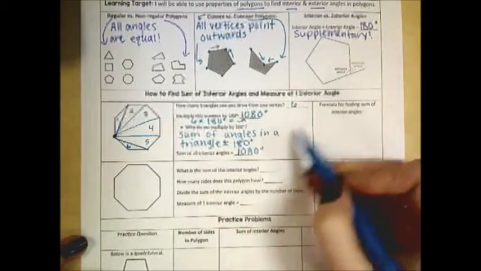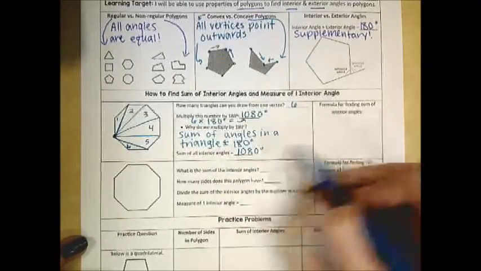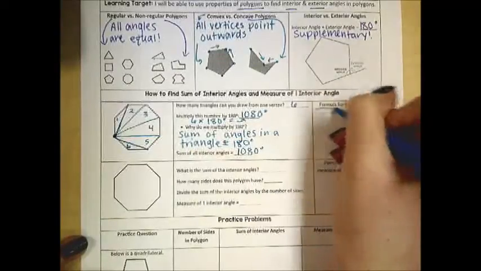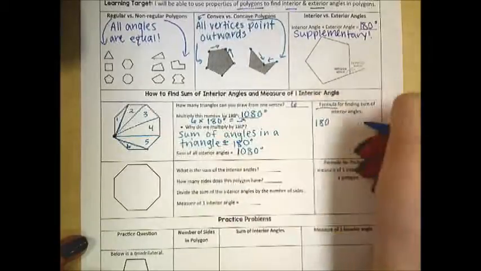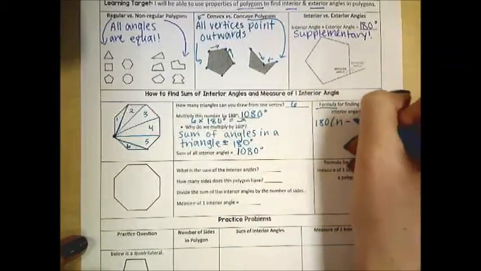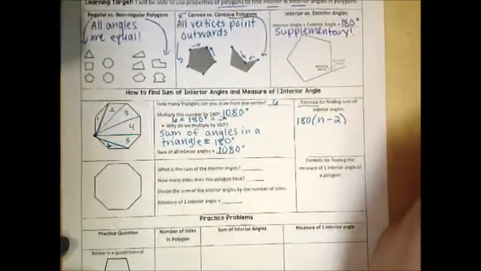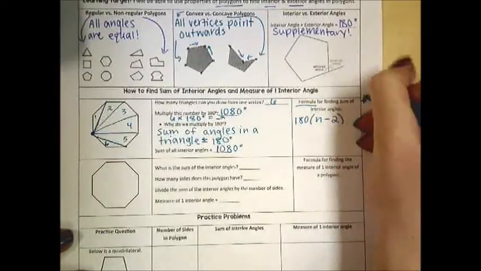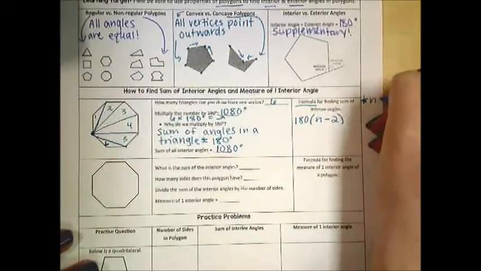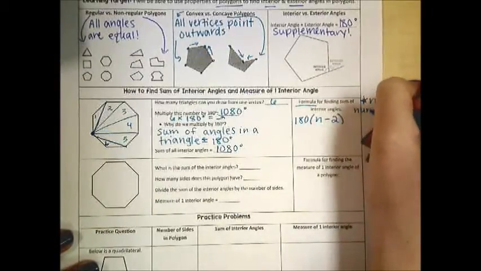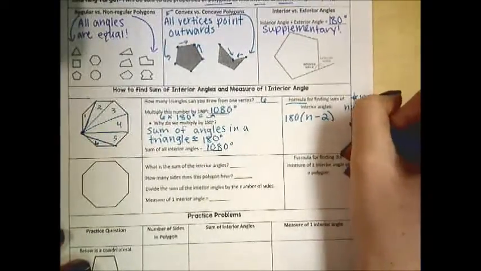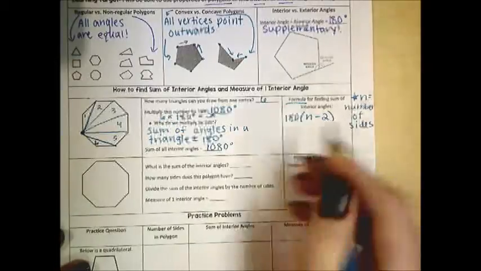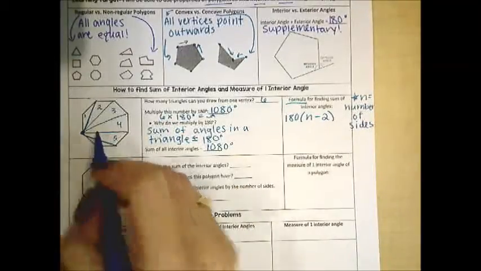If you don't want to walk through this process every time, this shows us where our formula comes from. The formula you're going to want to remember is 180, coming from those triangles, times n minus 2. Make a little note that n equals the number of sides.